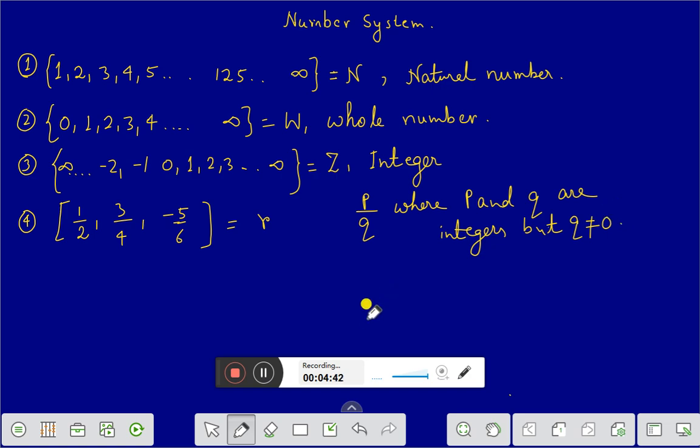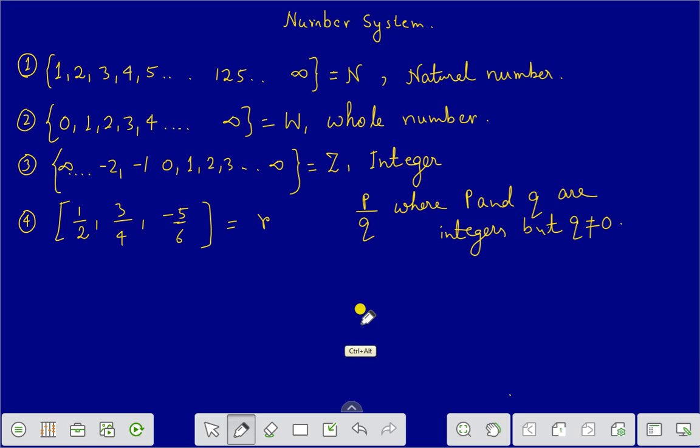Now, a set of natural numbers can be defined in this way. Suppose this is a set of natural numbers, represented by N. It is 1, 2, 3 up to infinity.